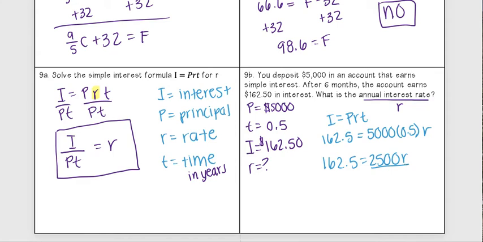And then to get R by itself, I'm going to divide both sides by 2,500. And so, for my ending answer, I'm going to do 162.5 divided by 2,500, and I get 0.065 is equal to R. And to write that as a percent, that means 6.5%.